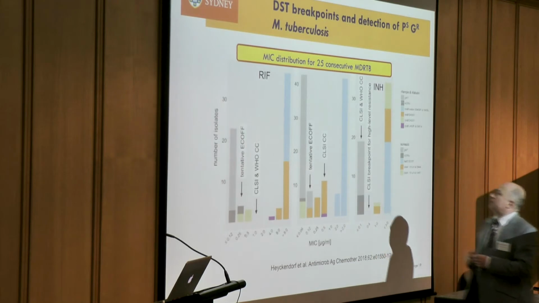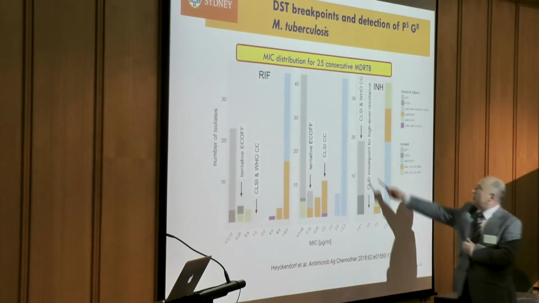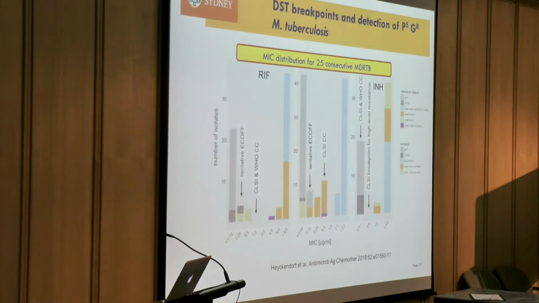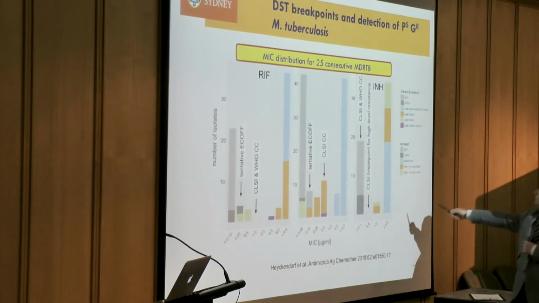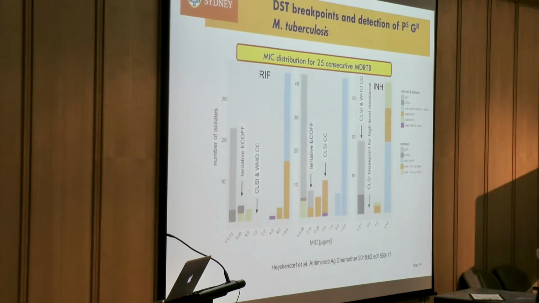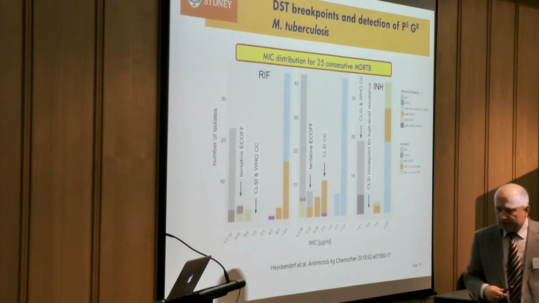So this is not a trivial task, to identify low borderline resistance, which would lead to higher risks of clinical failure on first-line regimen. The same applies to INH, isoniazid. Again, strains with no mutations clearly show very low MIC phenotypically, and strains with mutations in the katG and inhA genes would have elevated MICs in this example with a high level resistance to isoniazid and cross-resistance to some other drugs.